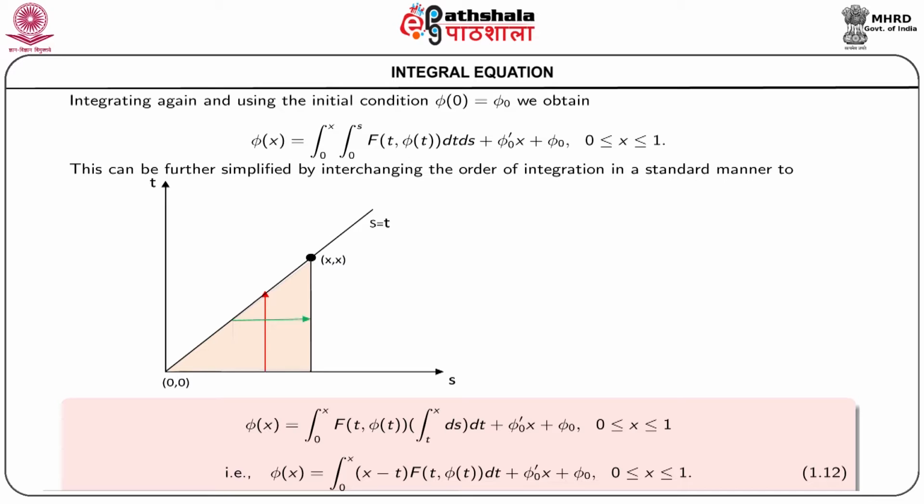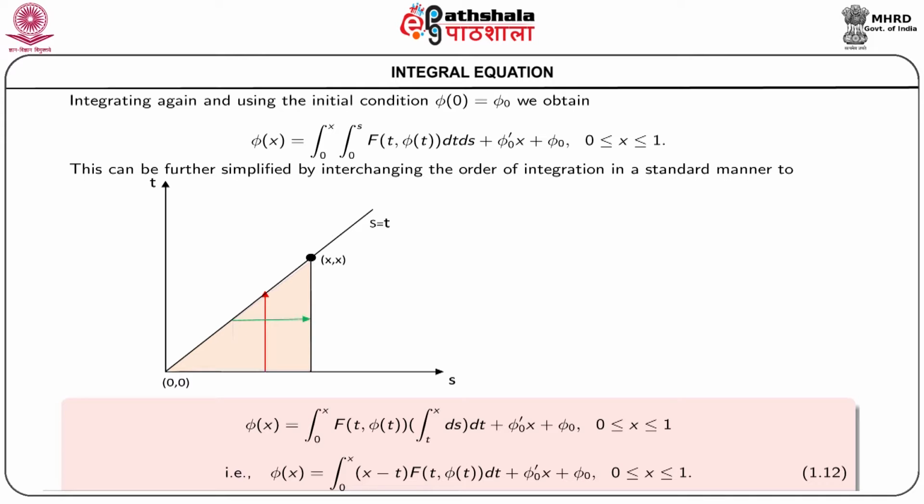Now the inner integral is t integral, which varies from 0 to s, and the outer integral is s integral, which varies from 0 to x. So in the t-s plane, the line s equal to t is drawn on which the point x, x is given, and we denote the region of integration in this triangle.